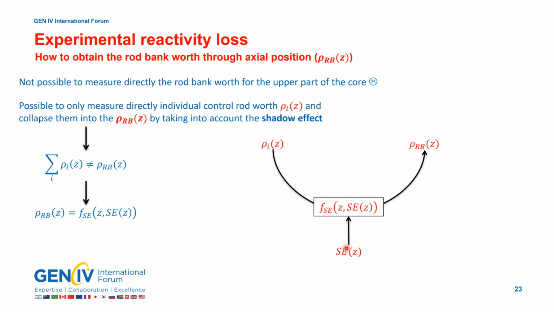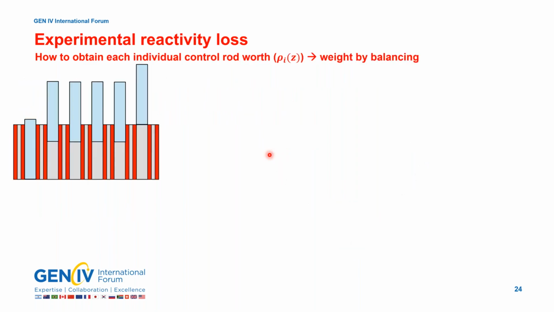So we have the shadow effect coefficient, and we have the formula. We just need each individual control rod worth to obtain the rod bank worth. So now the question is how to obtain all of these values experimentally.